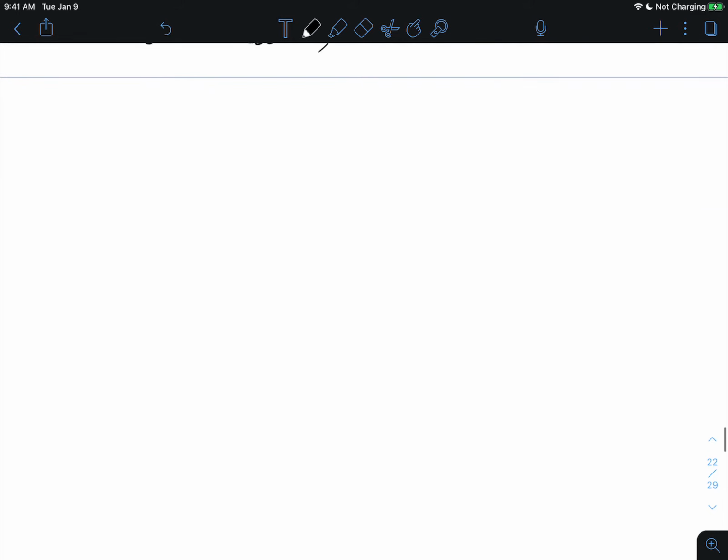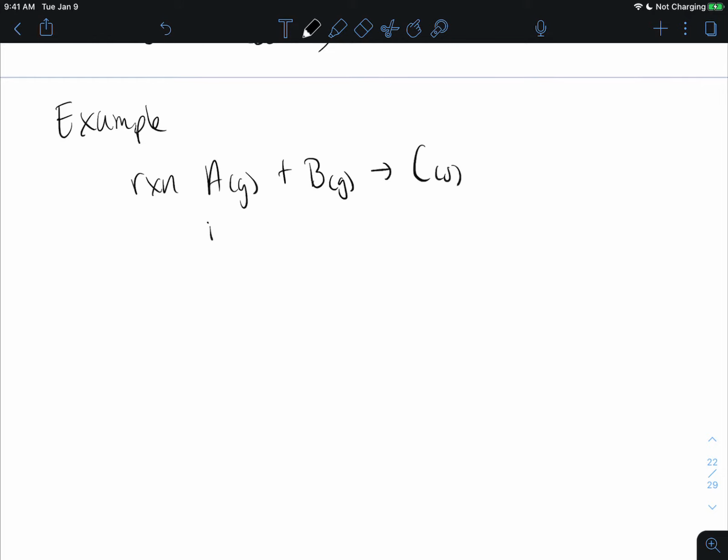Okay, let's try an example. So we've got a reaction, A plus B goes to C. A and B are gases, C is a solid, and it's done in a piston.